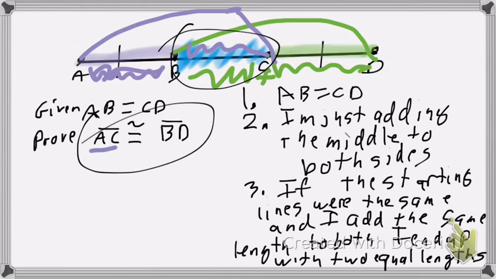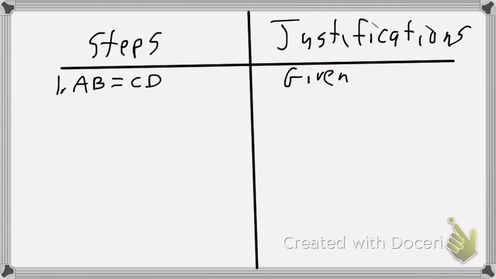I'm just adding the middle to both sides. Now, this is a step that most people are going to have difficulty with, and that is the use of the reflexive property. Now, here I'm going to say that I need to put down that BC equals BC.